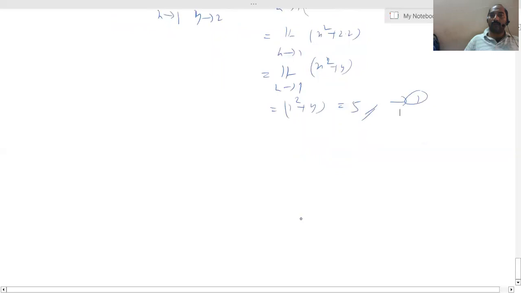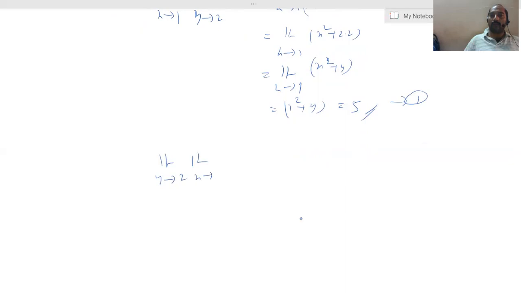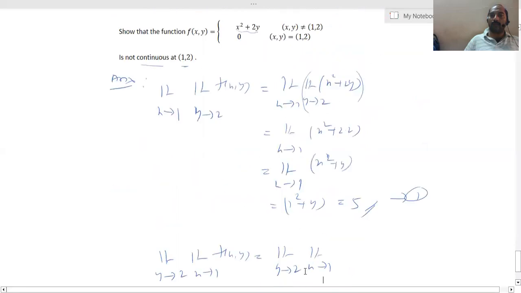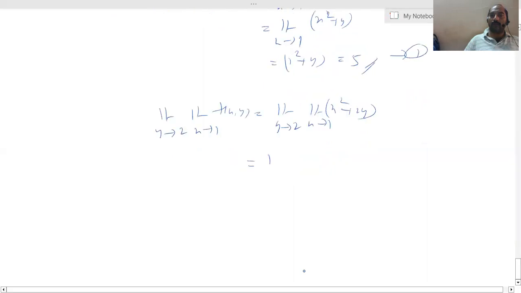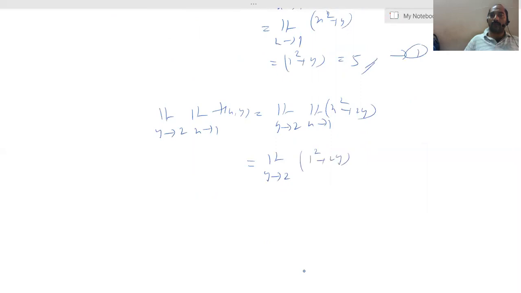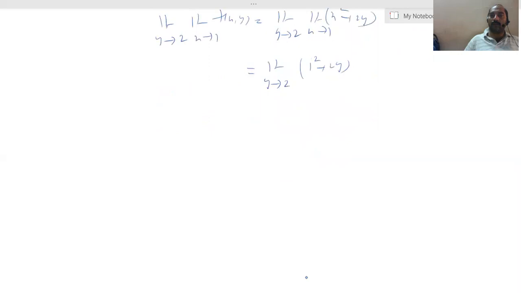Now interchange the limit. Limit y tends to 2, limit x tends to 1, x square plus 2y. That implies limit y tends to 2, substitute x value, 1 square plus 2y. Substitute the y value; because we have only one term, no need to write down all the steps. 1 plus 4 becomes 5.